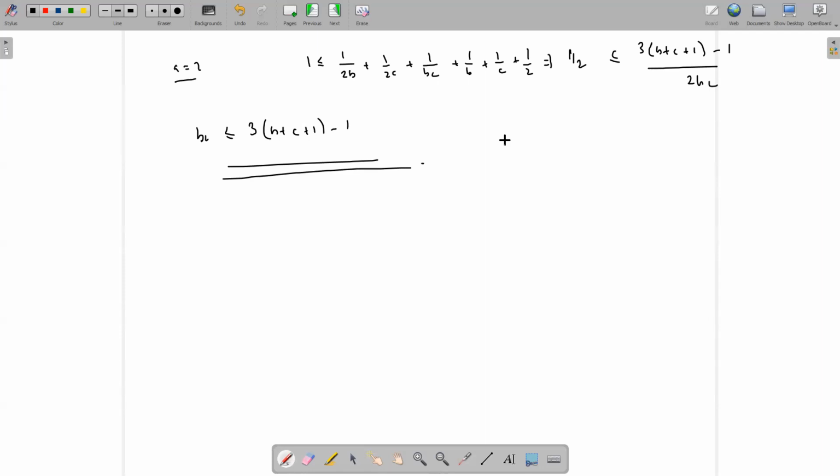Let's try this. Let a1, a2, dot dot dot, an be n distinct positive odd integers.